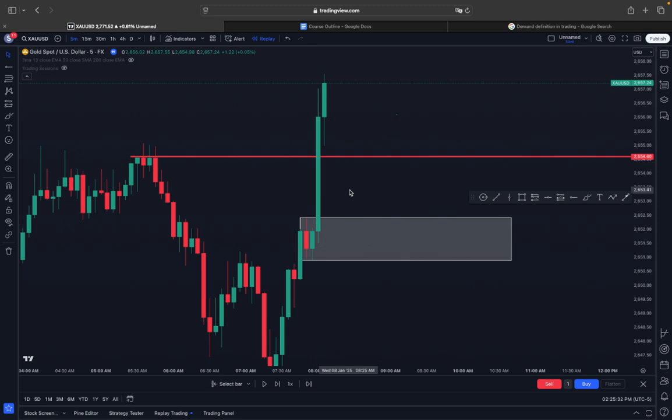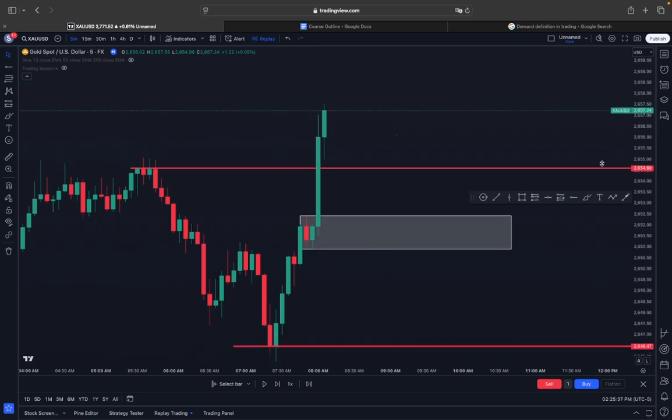Now this is where, like we said, we're waiting to see price come and react here to some extent, and then keep buying. So let's just take a look, see what happens here.